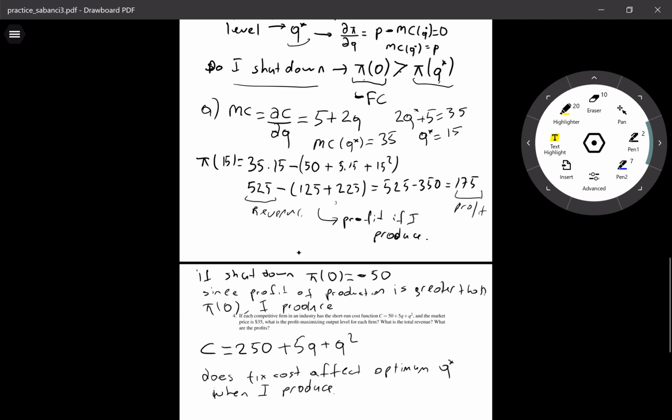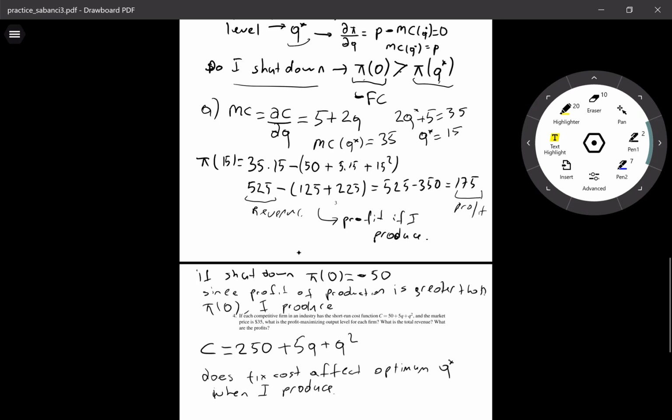So our Q star doesn't change. The total revenue stays the same, but my fixed cost becomes 250, so the profit will be lower.